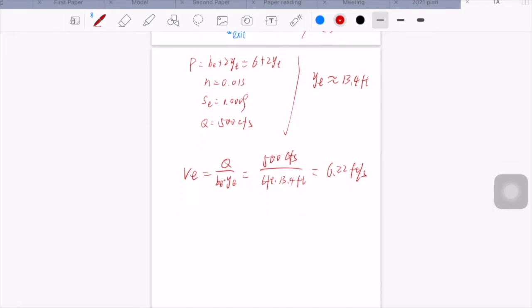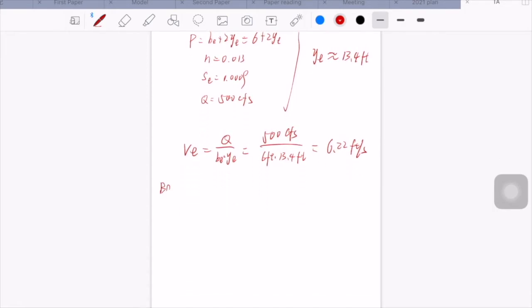And then based on the energy balance, we know H_I equals H_E plus the head loss.